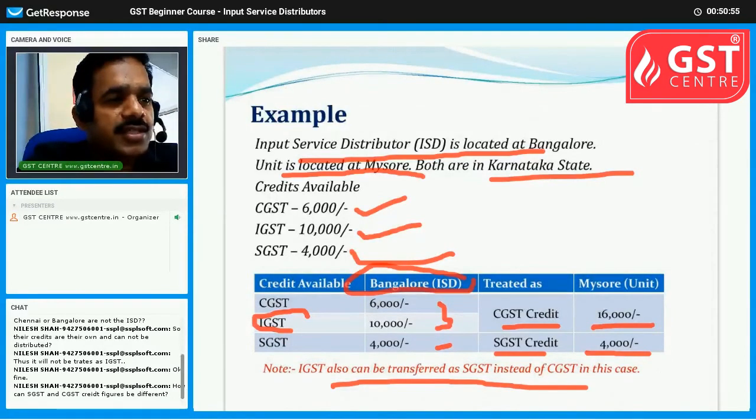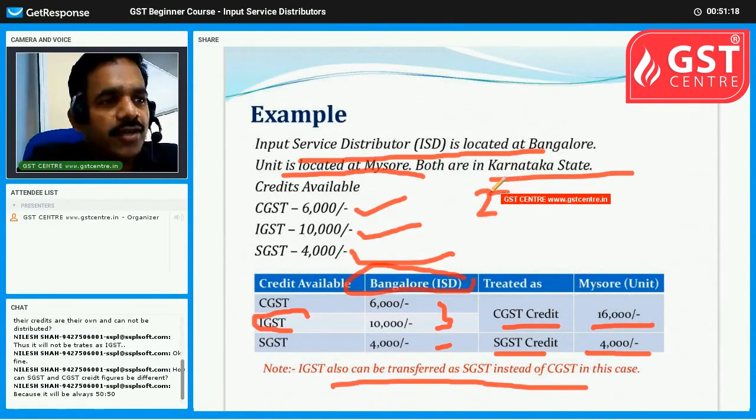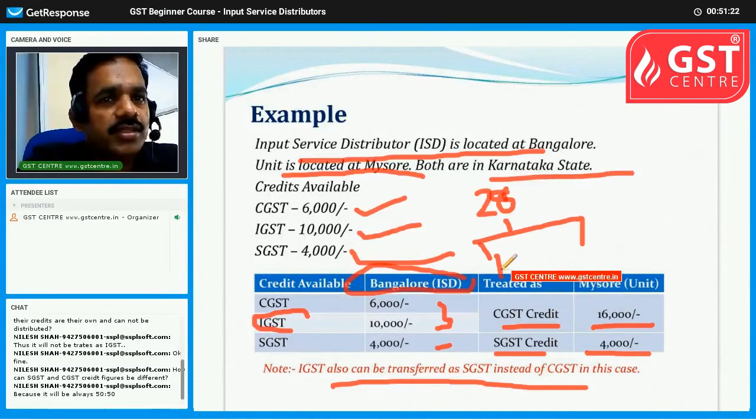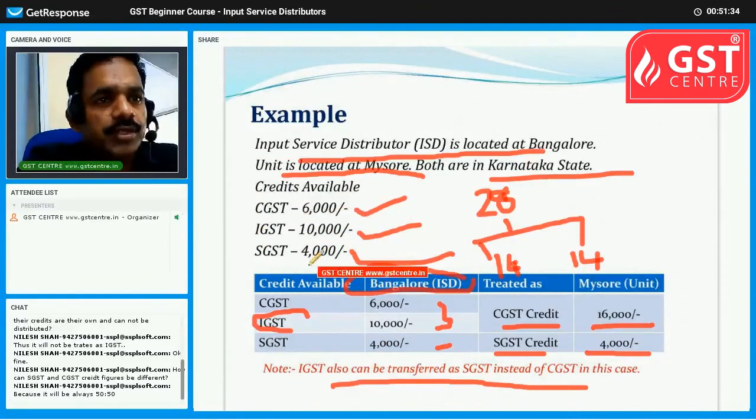Okay, how can SGST and CGST credit figures be different? It should be 50-50, because if the tax rate is 28%, it should go 14-14. That is, in the case of an intrastate transaction, half will go to the center, half will go to the state government. But how the credits will be, maybe there is a requirement of some editing also.